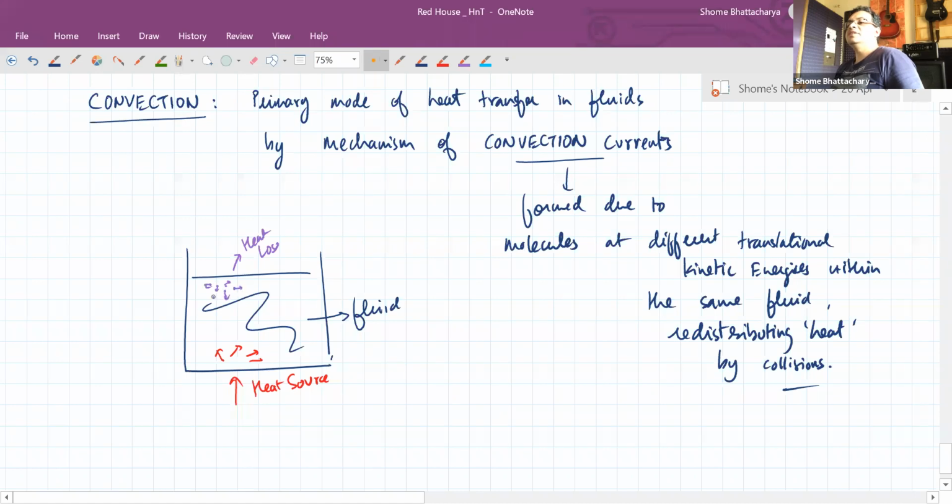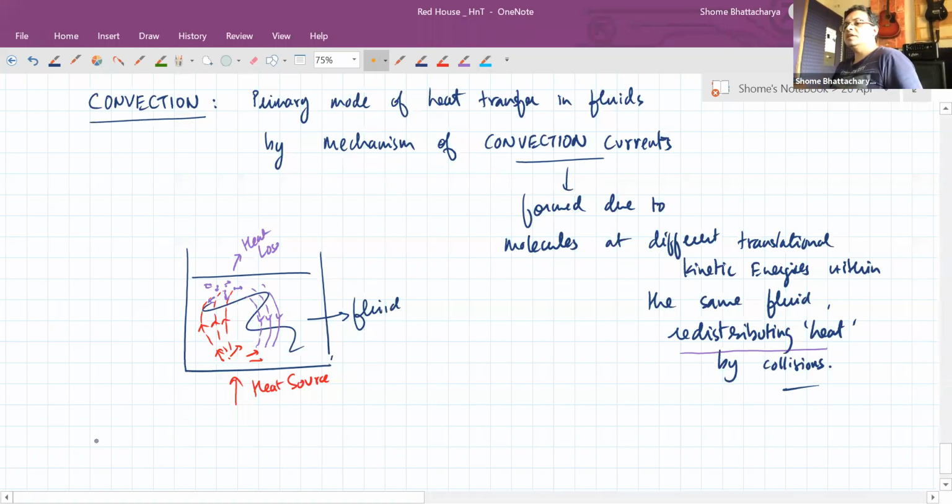Immediately this difference in the average translational kinetic energy of molecules here and here sets up convection currents like this. The more active molecules start moving in this direction, and the ones having lower kinetic energy and more passive start coming back here. Through this circulation of actual physical particles, but of different kinetic energies, there's this redistribution of heat. And that is what we call convection currents, and that is the process of convection.